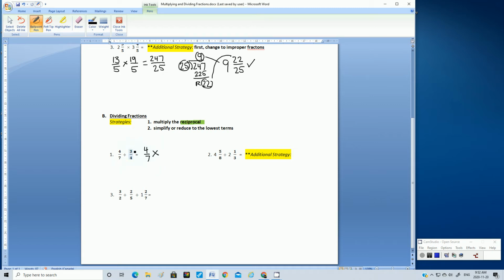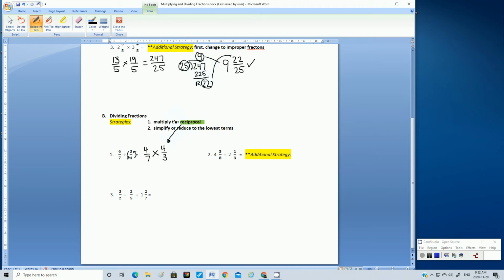And the reciprocal simply means that we flip the numerator and the denominator upside down. So the reciprocal of 3/4 would be 4/3. So do you see what we did? We flipped the numerator and the denominator upside down. This is called the reciprocal. Okay?